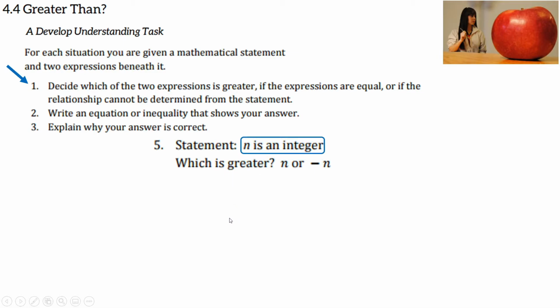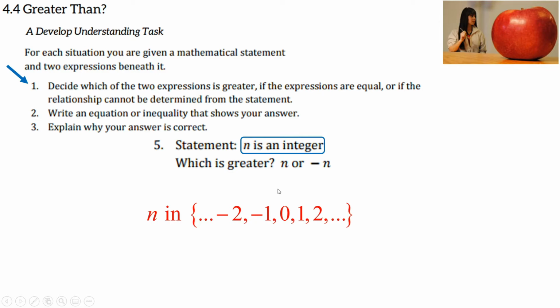N is an integer. Remember our curly brackets for set notation? And n can be a negative number, 0, or a positive number. So most people write this like this: -2, -1, 0, 1, 2, and so on. And we go forever in both directions there. Okay, so that's n, an integer.